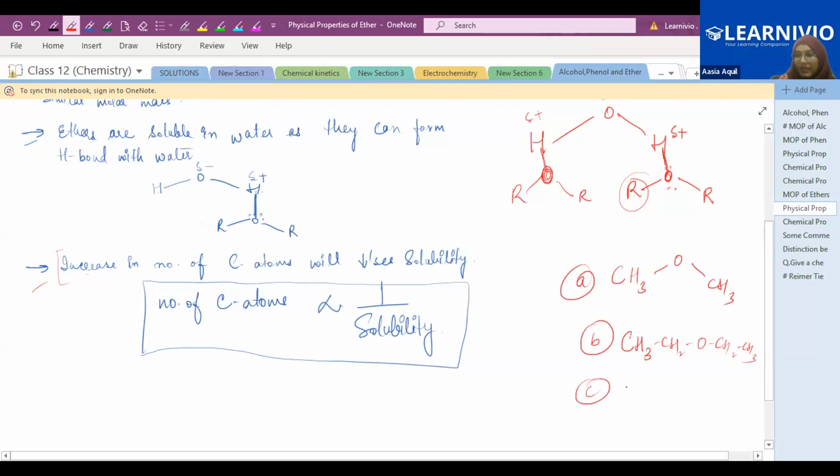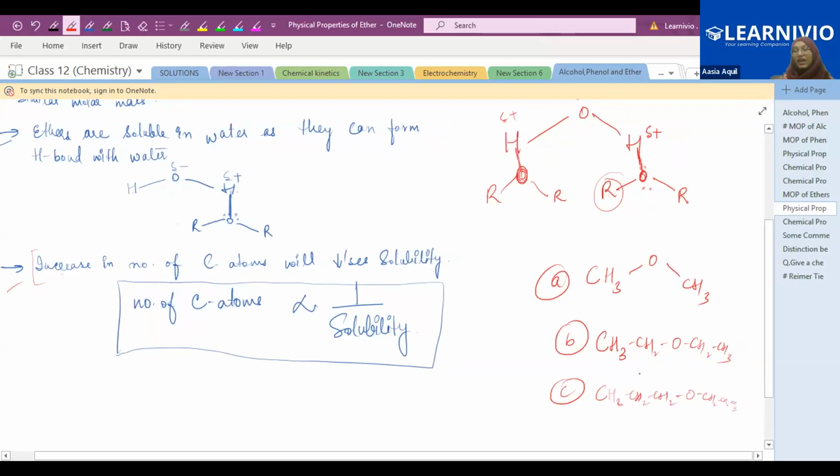Third, suppose they give you dipropyl ether, CH3CH2CH2OCH2CH2CH3. And the question is to arrange these in order of increasing solubility.